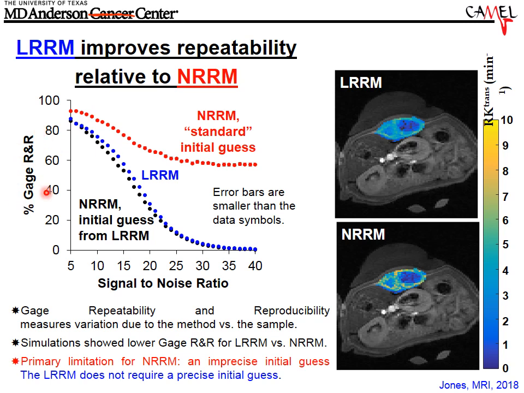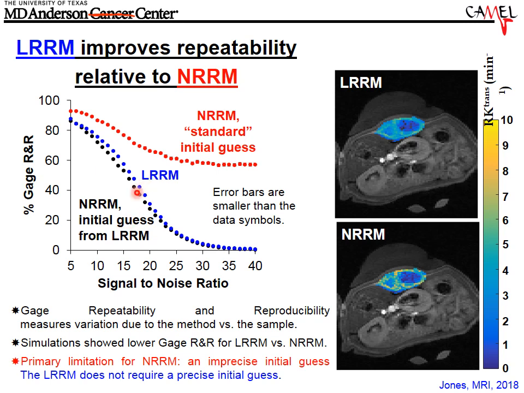Low values of gauge R&R indicate very good precision. So if you have very good signal to noise, the linear reference region model performs very well. Although, with poor signal to noise, it doesn't perform as well. The nonlinear method also improves with signal to noise, but never reaches an ideal situation because the initial guess is often incorrect and therefore leads to problems in the fitting.